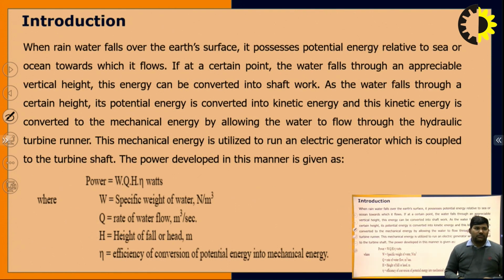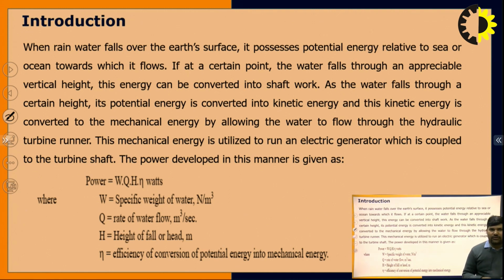When rain water falls over the earth's surface, it possesses potential energy relative to the sea or ocean towards which it flows, and at a certain point it falls through an appreciable vertical height, and this energy can be converted into useful work.